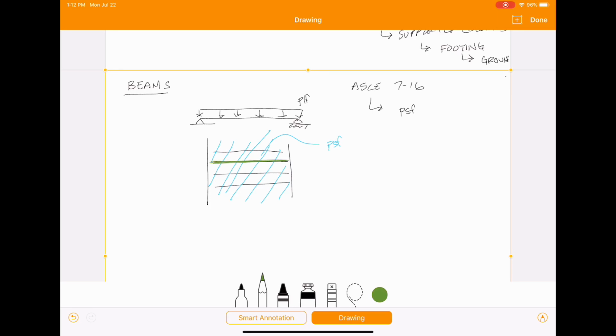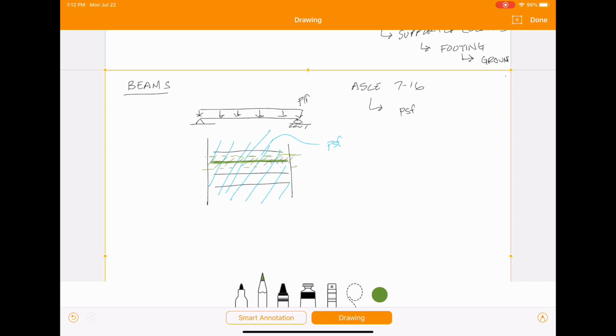We know that this beam is going to take the load halfway between its next beam on either side. So it's going to take that much area of loading, and that's how much loading that beam is going to feel.